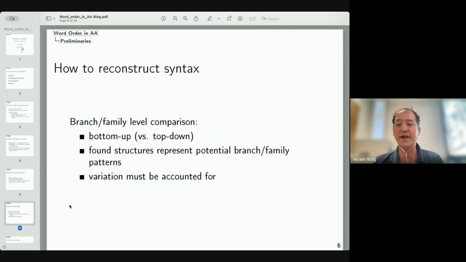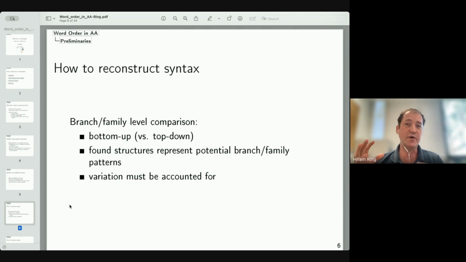So how do we actually reconstruct syntax? There are two approaches that you could take. I favor a bottom-up approach where you start with extant languages that are available, and then you try and identify correspondences and hypothesize about protoforms. And that's typically the tack that's taken in phonological reconstruction.